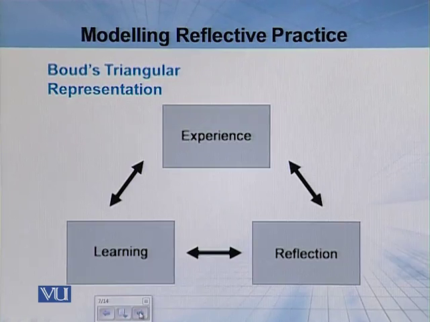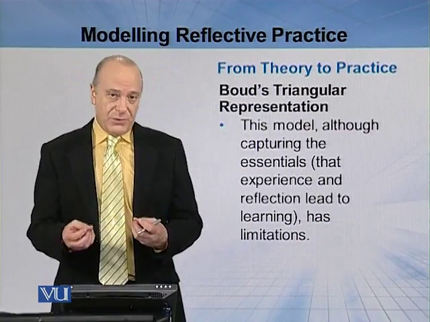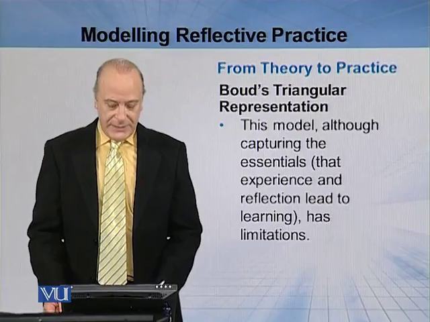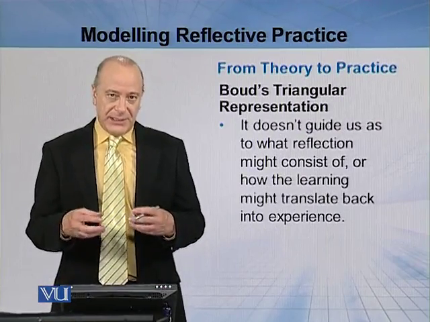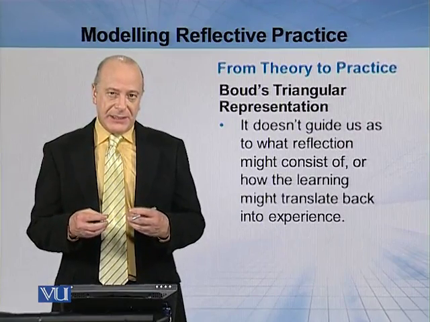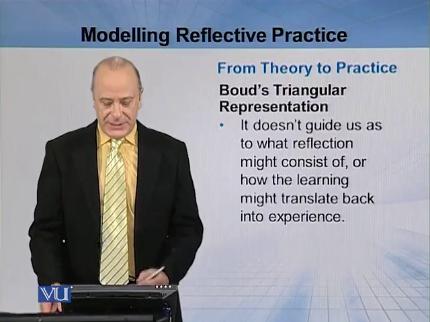And what is added here is learning by the teacher, learning which can be taken to other contexts. So this model attempts to capture the essentials, the essence of what reflection is really about. And what it is aimed at doing is making a clear connection, a proper translation in terms of experience and learning.